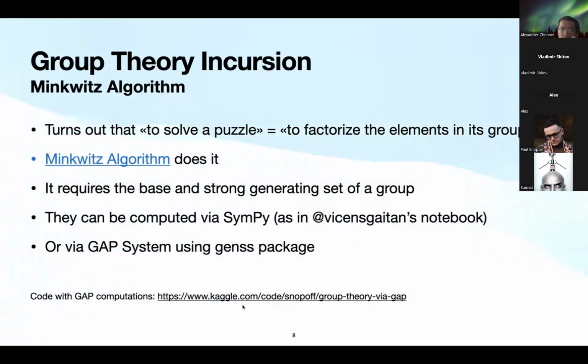This subgroup is somehow related to the base elements. Base elements are the elements such that if you take an element from the group and apply it to the element of the base, it basically leaves it the same. So in other words, it's easy to represent any element as a combination of these strong generators.